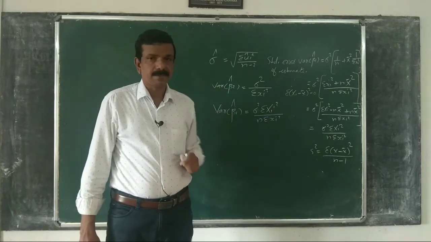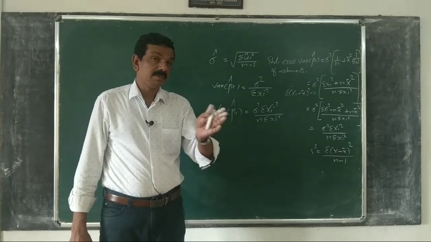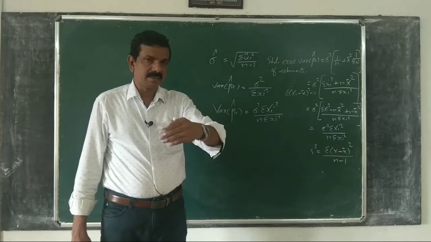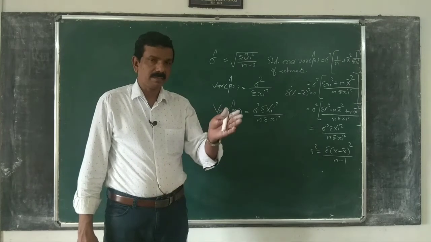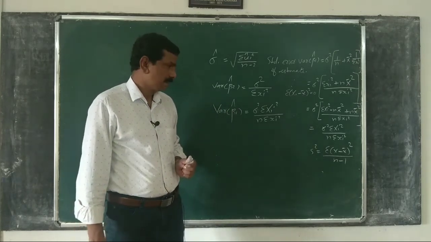So the message is, if you have two data sets with different values of x, always select the set with the high variability in x. As the variability in x increases, the precision of the estimator also increases.